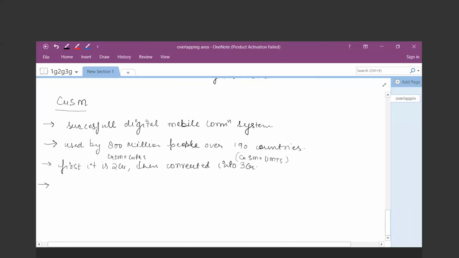So in the question paper, if I ask you to explain the 3G system, then you have to explain the GSM plus UMTS architecture. If I ask you to explain the 2G system, then you have to explain the architecture components with a well-behaved explanation of the diagram of GSM and GPRS.